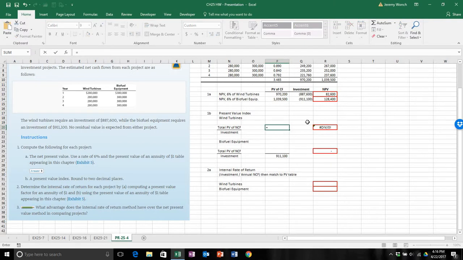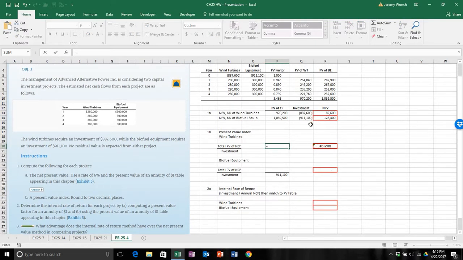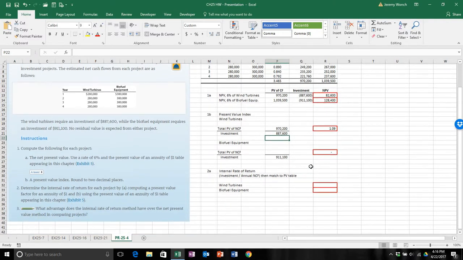And so the total present value of the cash flows for the wind turbine is $970. The investment is $887. Gives us a present value index of 1.09.